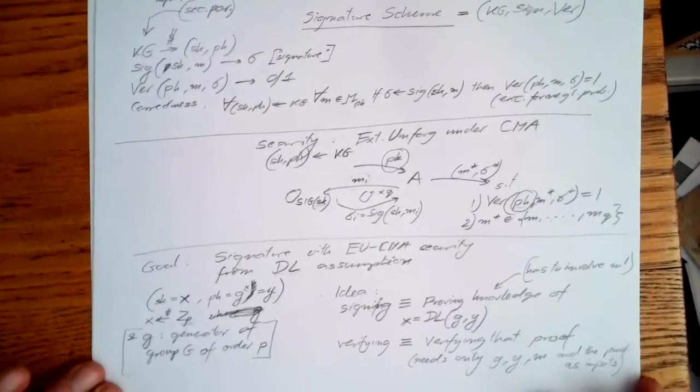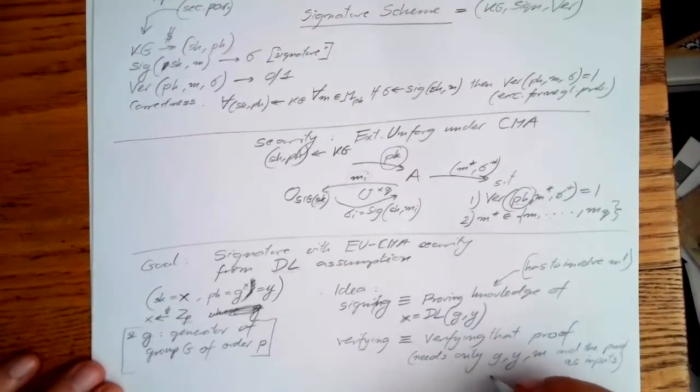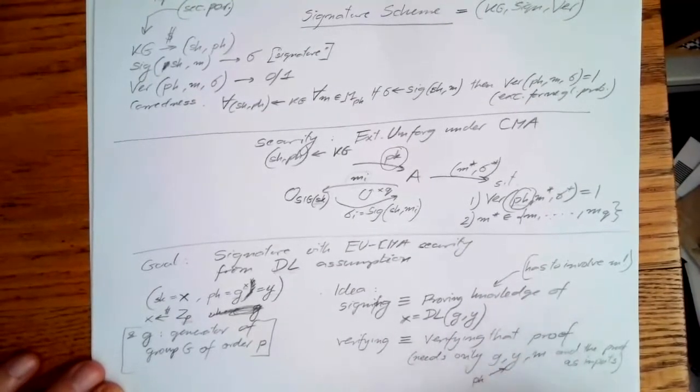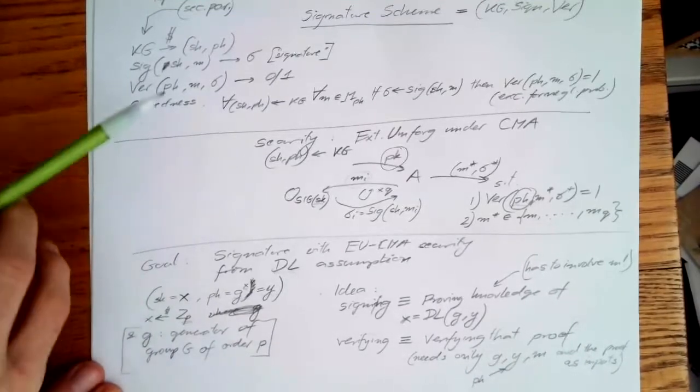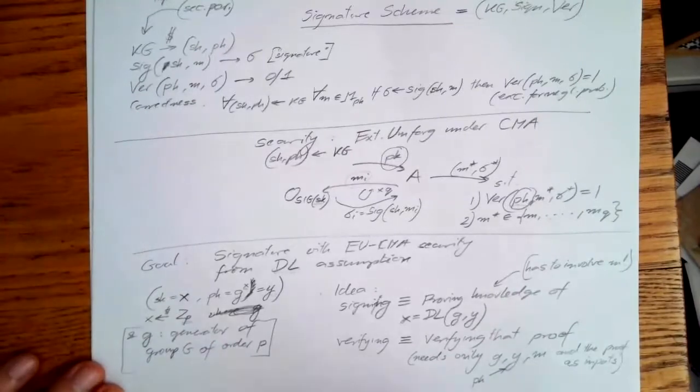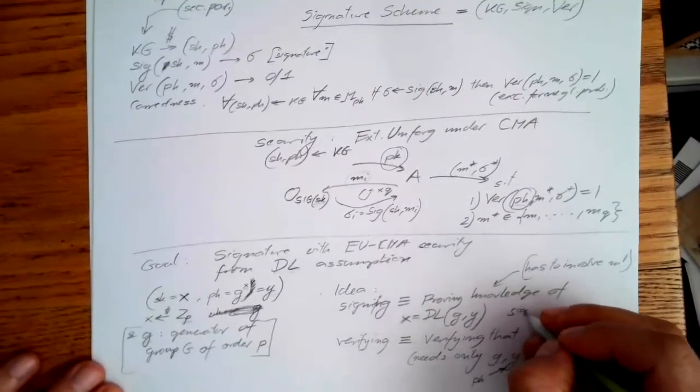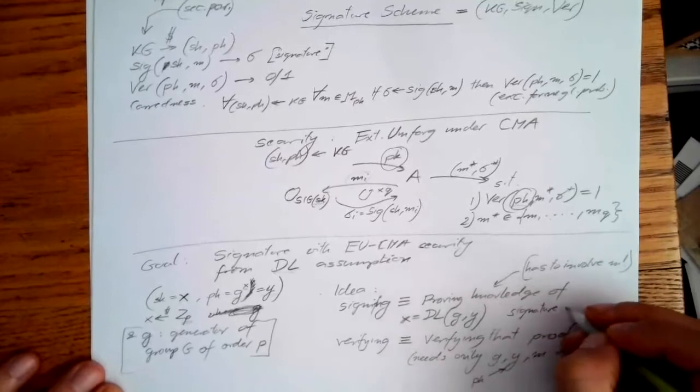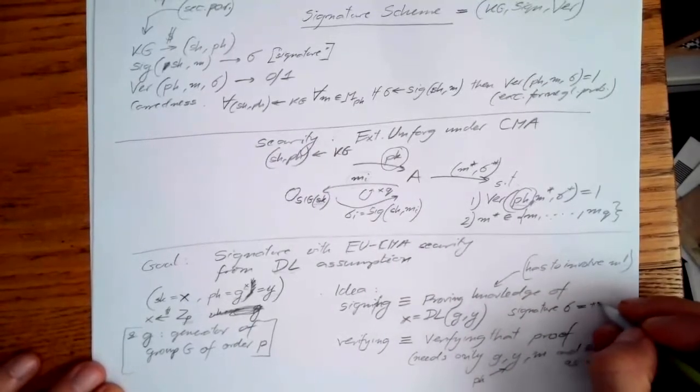Okay, so this is public. This is the public key, right? So the verification is supposed to take the public key, the message, and the signature. The signature, so signature sigma will be the proof.